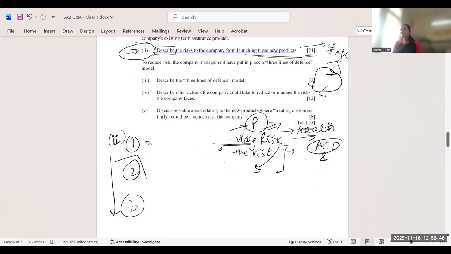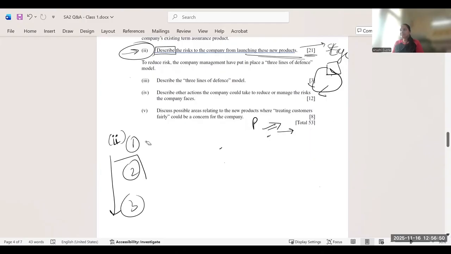Then what is the other risk that we have been talking about from the start of the class? In ACI, SCI. We have discussed this. Yes, we are talking about the morbidity risks.